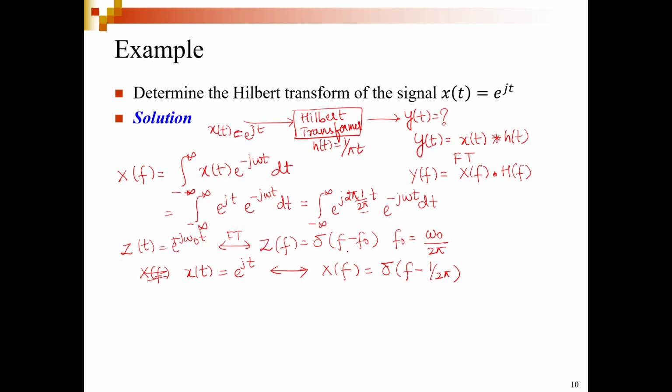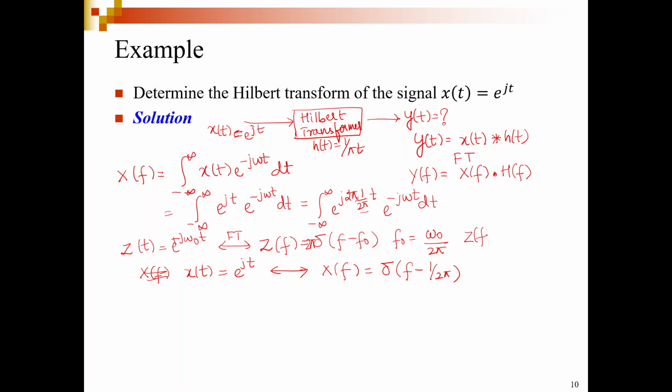Then z of f is delta of f minus f naught, with of course a scaling factor: 2 pi into delta of f minus f naught, where f naught is omega naught by 2 pi.